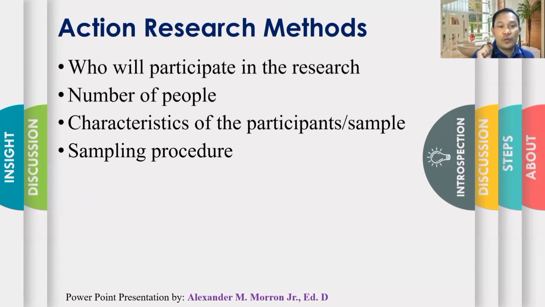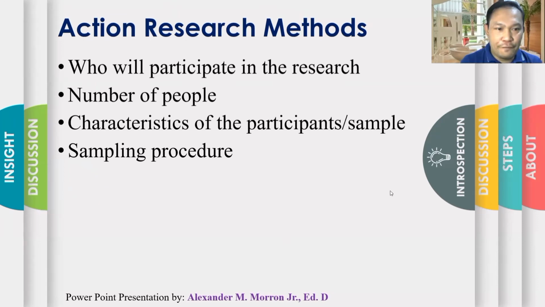Who will participate in the research, the number of participants, the characteristic of the participants, and the sampling procedures. For the participants, always look into who will participate, the number of participants, their characteristic, and the sampling procedure on determining who will participate in your research paper.